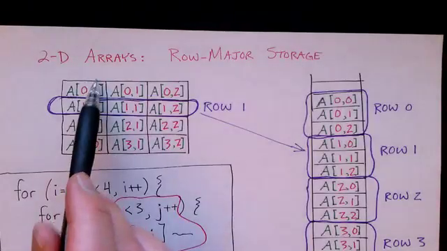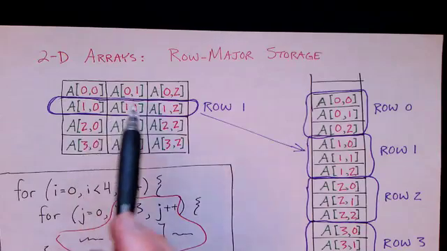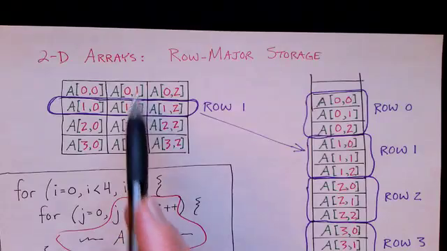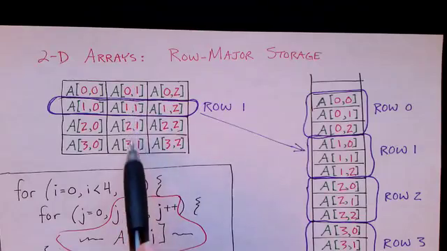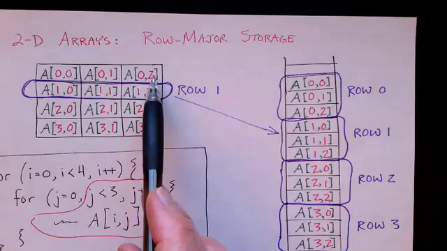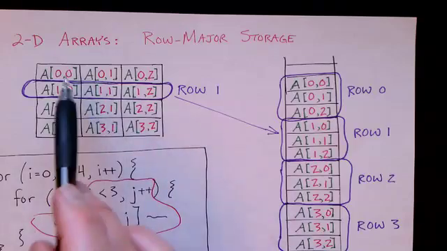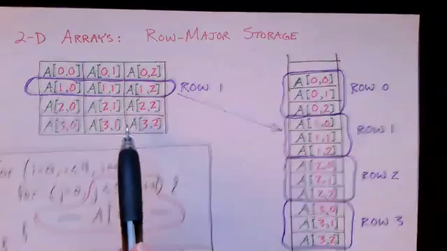So it goes through the array this way in a column order, and then it moves on to the next j, j equals 1, and does 0,1; 1,1; 2,1; 3,1. And then it moves on to the last j, j equals 2, and does I0, I1, I2, and I3. So it's going through all of the same array elements, just in a different order.